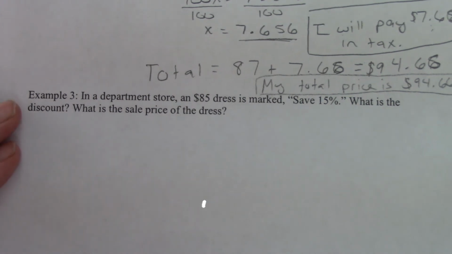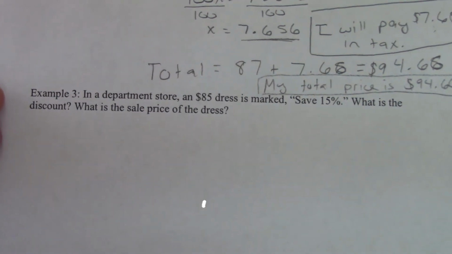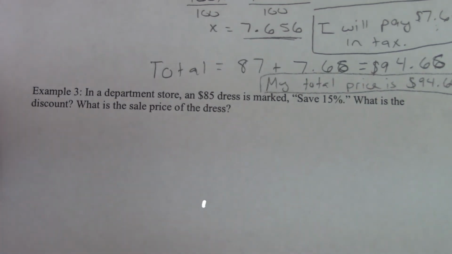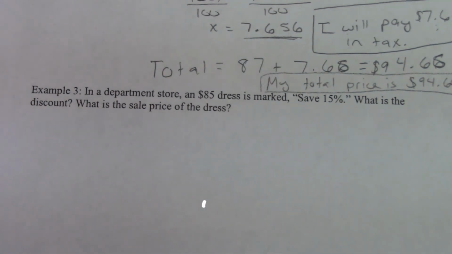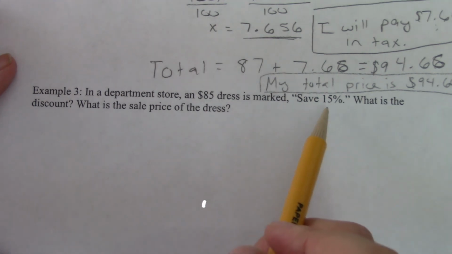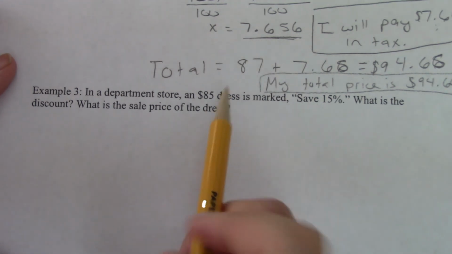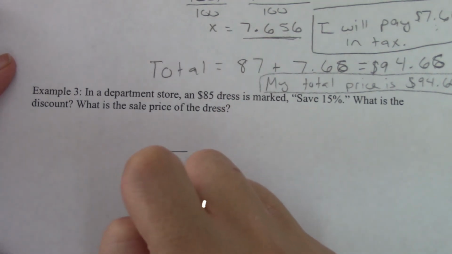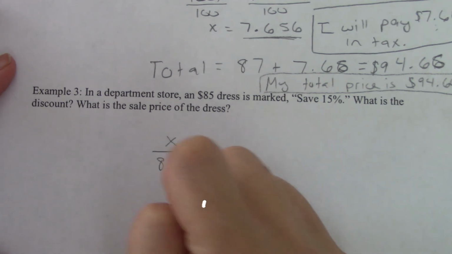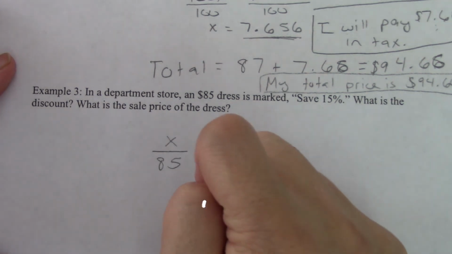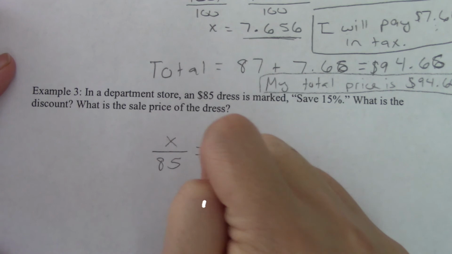So in a department store, an $85 dress is marked, say, 15% off. And the question is asking me what is the discount and what is the sale price of the dress. So first, to find my discount, I have to find 15% of 85. So 85 goes on bottom, and I'm solving for my part. So I have x over 85 is equal to 15 over 100.